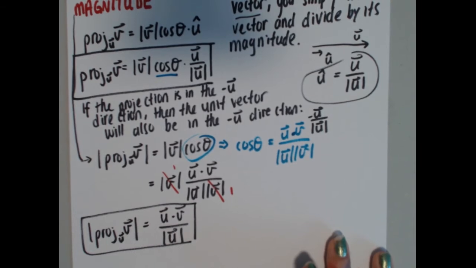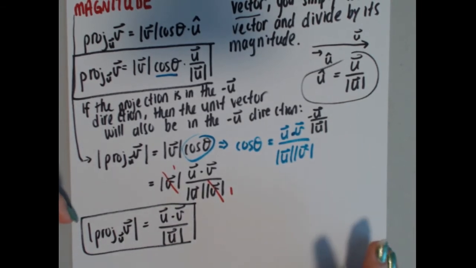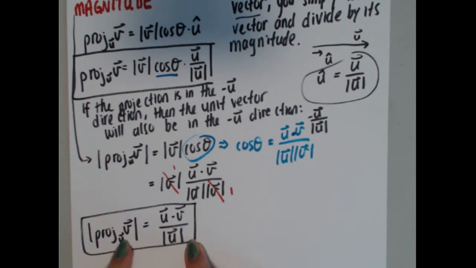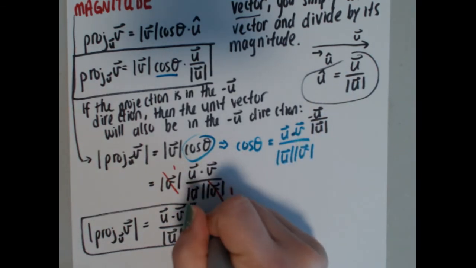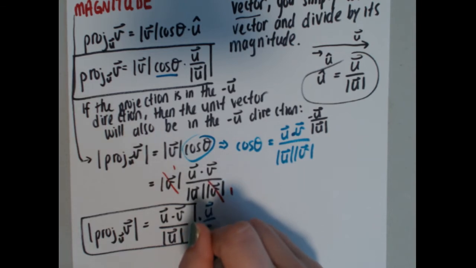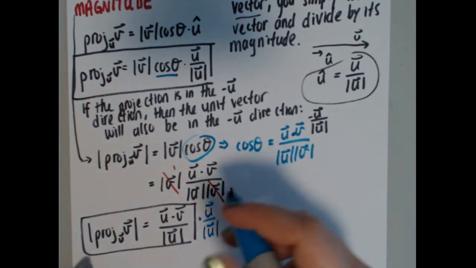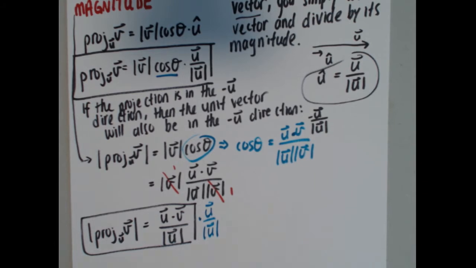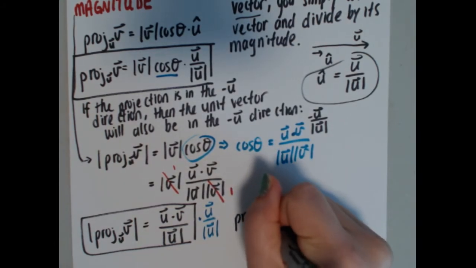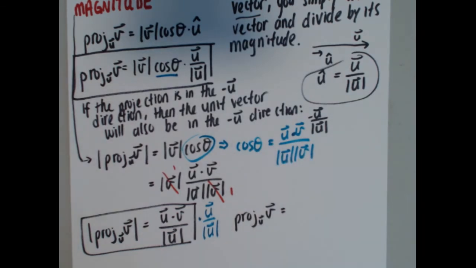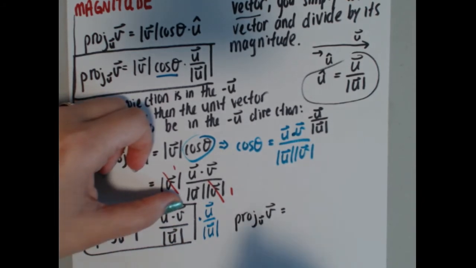Now, like I said earlier, projection's a vector. Sometimes you're going to want to know the direction. To give it a direction, you simply have to multiply by a unit vector in the direction of u, which is vector u over magnitude of u. So that gives it a direction, which means the overall projection vector, the projection of v onto u, is equal to, now I want you to pay really close attention here, u dot v in the numerator.